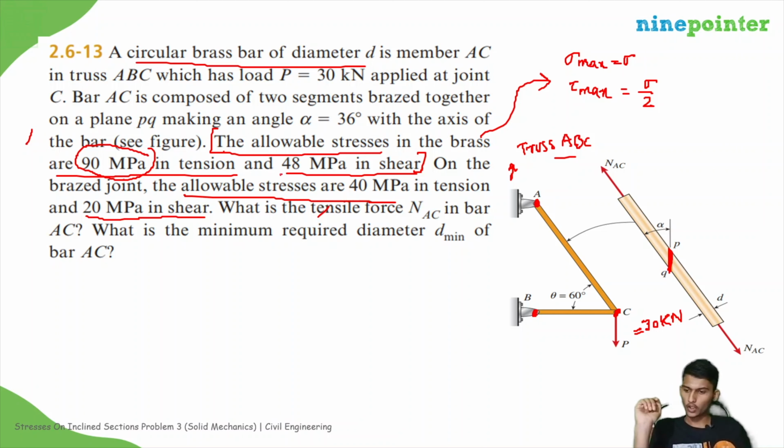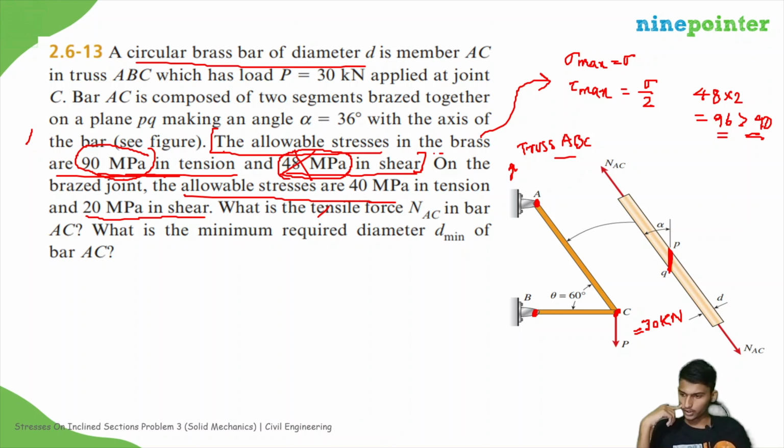But if you take 48 MPa as the maximum shear in the rod, then the maximum tension in the rod will be 48 into 2, that is 96. It means it is greater than 90, so it will fail, right? So you should not consider 48 MPa. You should consider 90 MPa for calculations.